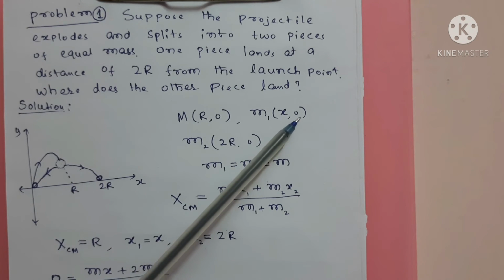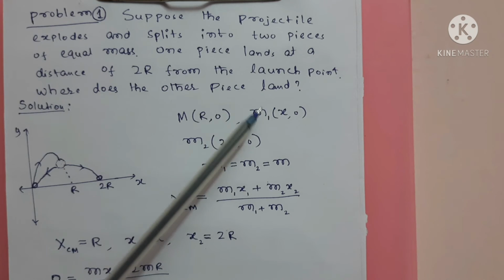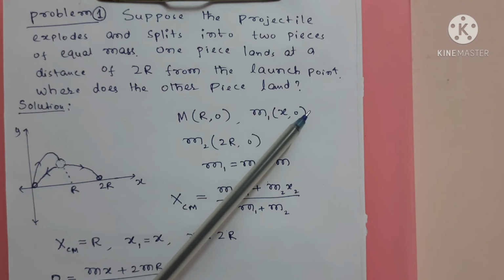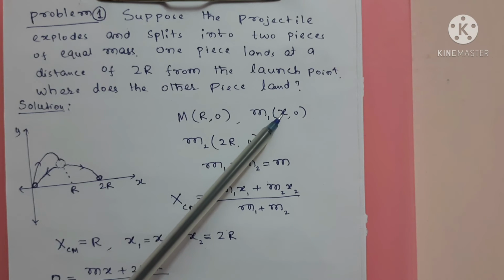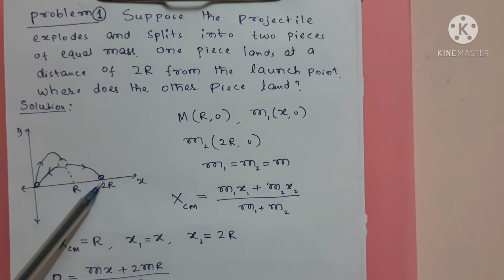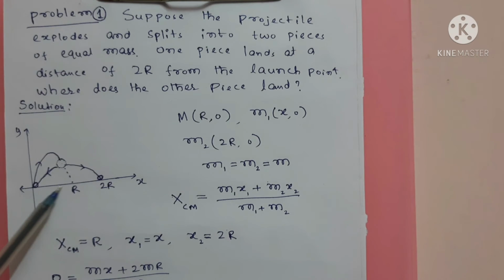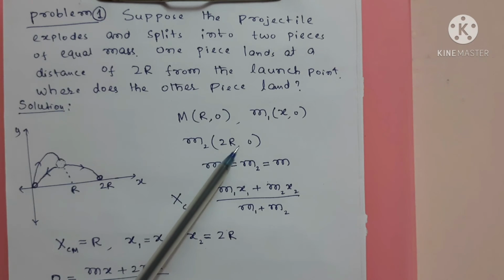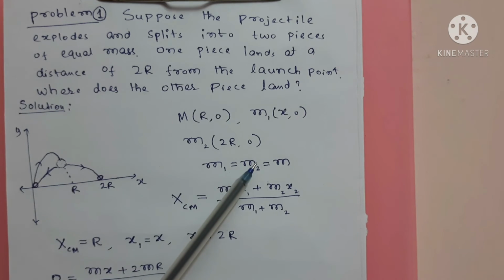On the x-axis, y coordinate is 0. So M1, the position is (x, 0) because x we are going to find out. M2 has landed at 2R from the launching point. So M2 is (2R, 0). M1 equal to M2 equal to m, that is given.